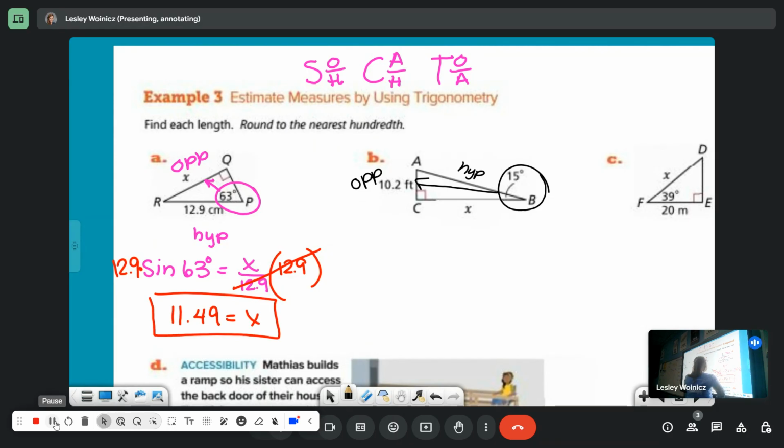And then the X is my adjacent side. So which of my ratios is going to use the opposite and adjacent? Because I didn't use the hypotenuse at all. Yeah, the tangent. You guys are all right. So I'm going to say tangent of 15 degrees equals the 10.2 over the X.